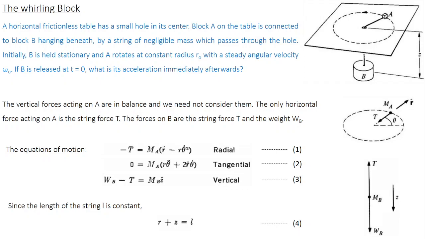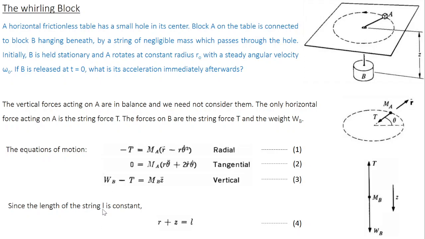In addition to these equations of motion, you can also derive a constraint equation. What is the constraint here? Just like the examples we discussed in the last class, here also the length of the rope is a constant.